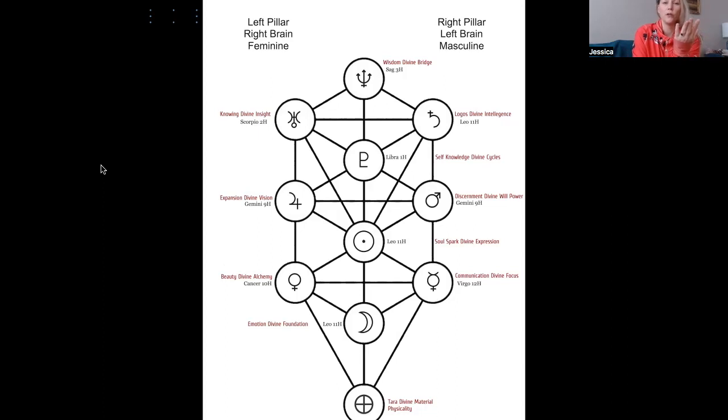If you're looking at someone, you have the right side on the right, which connects to the left brain and is the masculine. And then you have the left side on the left, which connects to the right brain and the feminine. So it will look flipped around, but this is because it's facing you. I just wanted to clarify that.